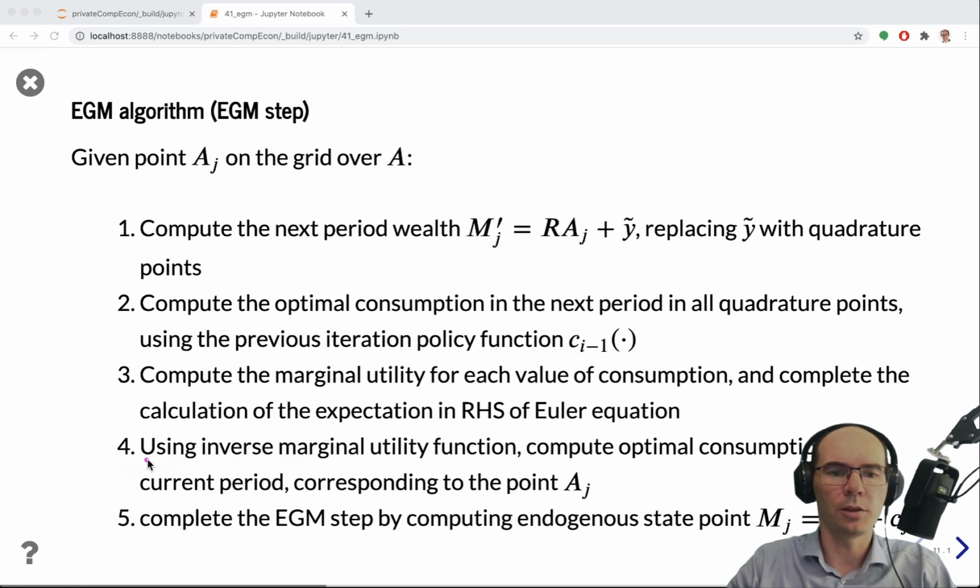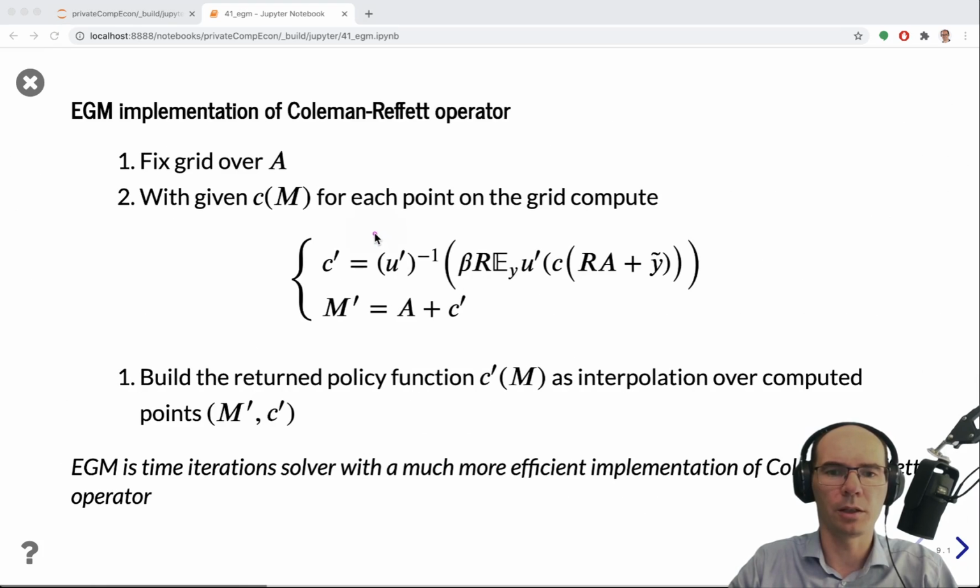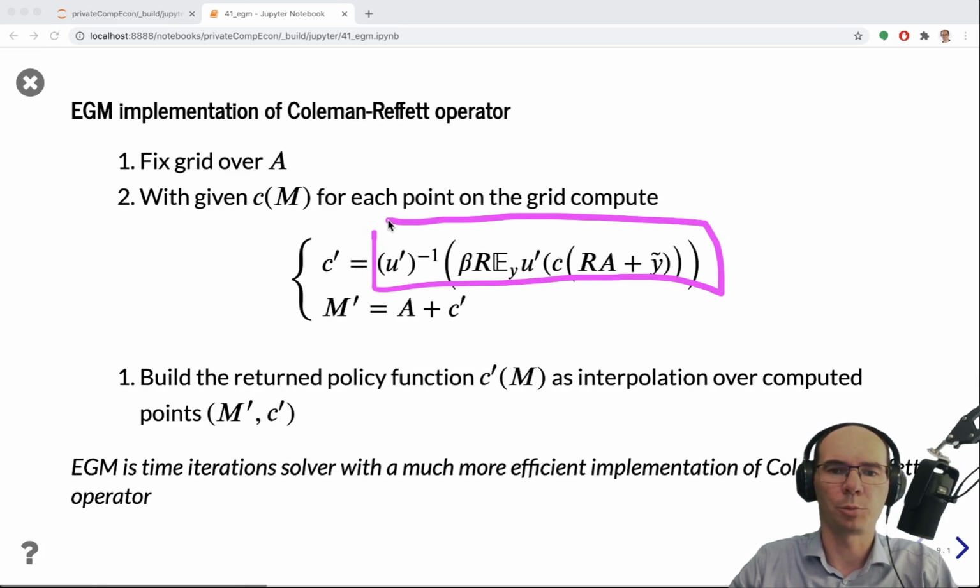Okay, then we can use the inverse marginal utility function to compute the optimal consumption c_j in the current period. Right, so we are completing the step by calculating now this expression here.